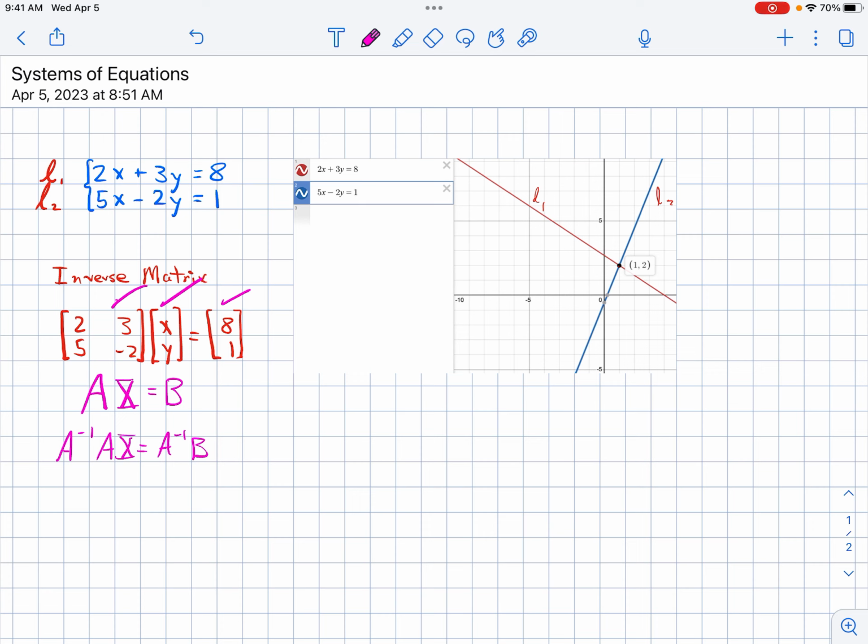Like that. And then the A inverse times A is just the identity matrix. So really we have X equals A inverse B. Or in other words, [x; y], that's what big X is, equals A inverse B.